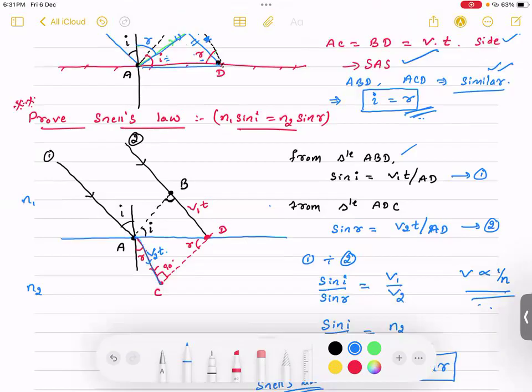The medium has changed. The speed has to change. V1 and V2 will be the speed. Now, in this triangle ABD, can you tell me what is sin I?